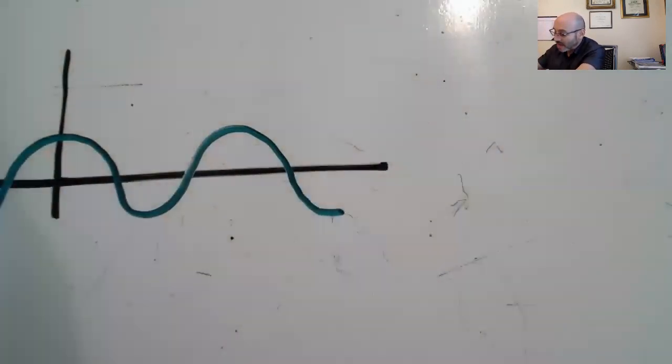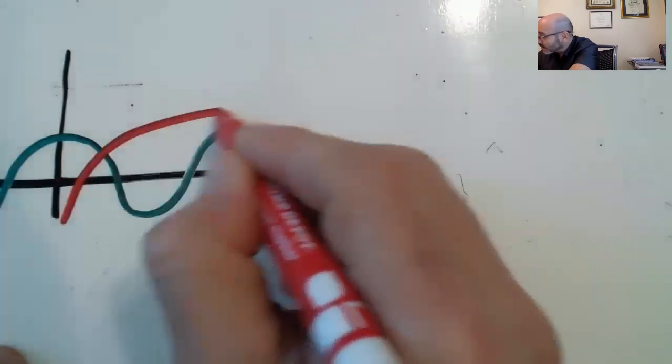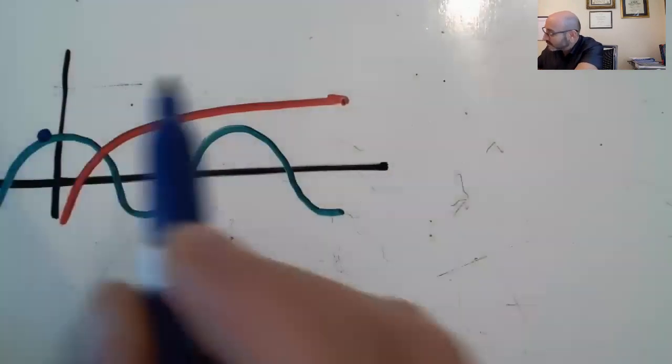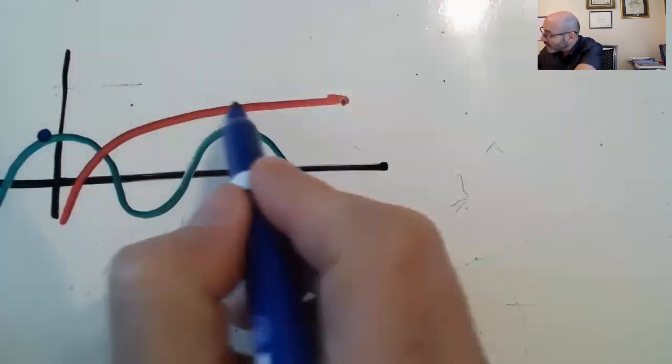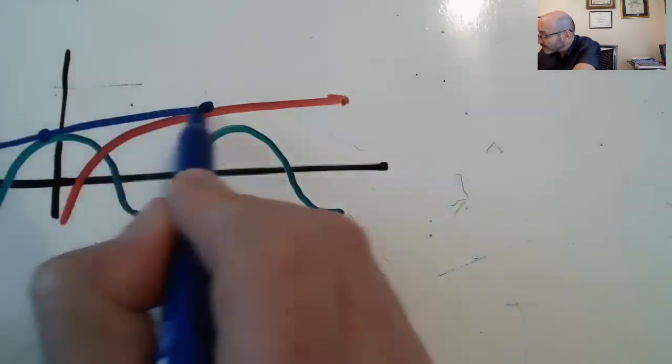And then we have the ln function that is doing something like this, right? And they're telling us that there is a tangent line somewhere on the cosine and somewhere here. And you have that line.